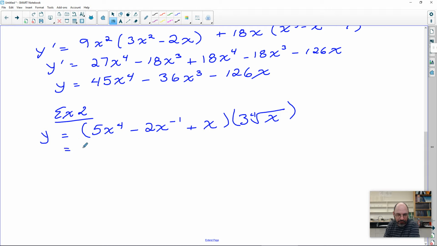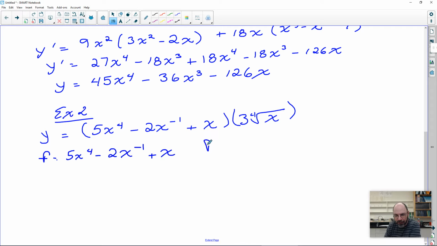So if we write this out, let's do our f and g. So f equals 5x to the fourth minus 2x to the negative 1 plus x.